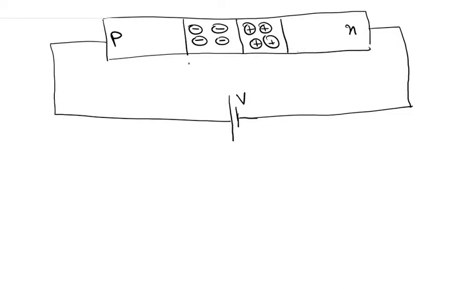So if I draw a graph of minority carrier concentration, it would look like this. At the depletion region there are no carriers.